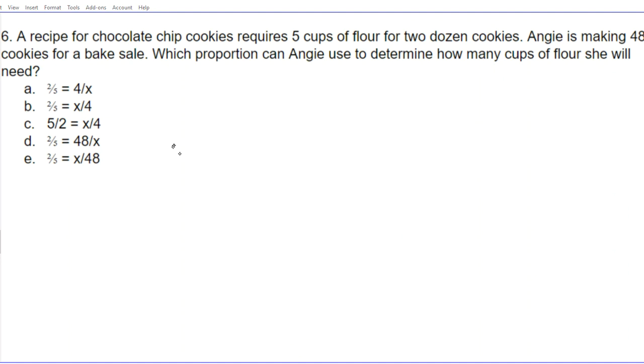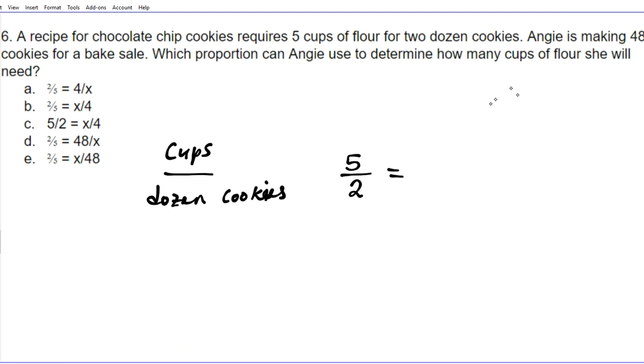So the first ratio is 5 cups for 2 dozen cookies, 5 over 2.